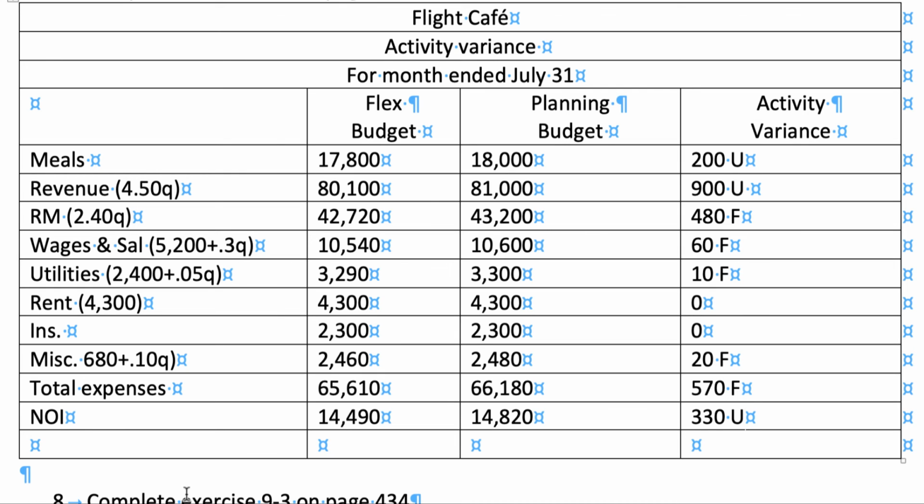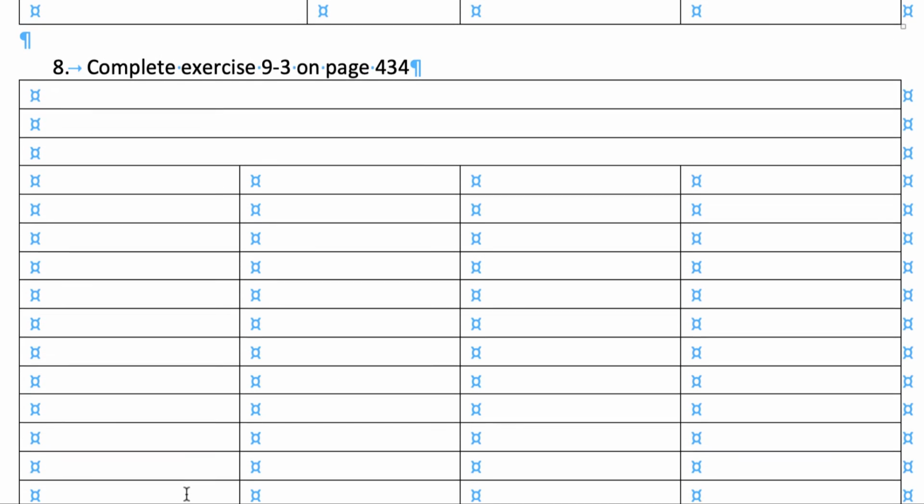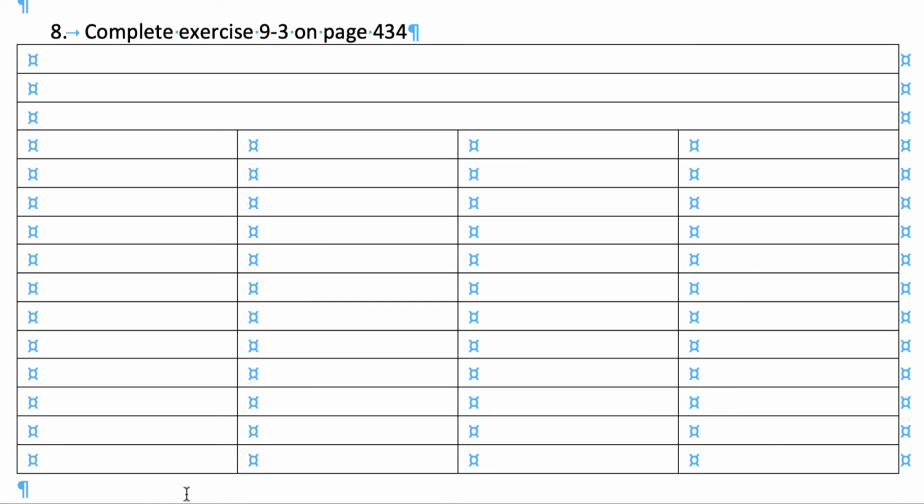Okay? So let's look at the next example in the homework, which was example 9-3, or in the study guide, which was 9-3. And that is also on page 434. Okay? All right, so what do we got to do here?